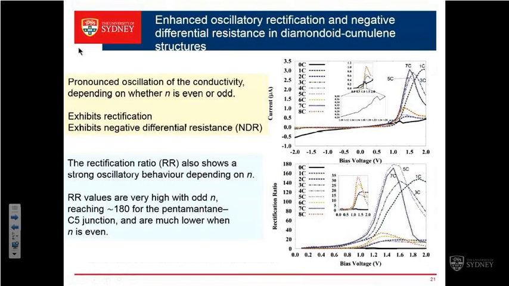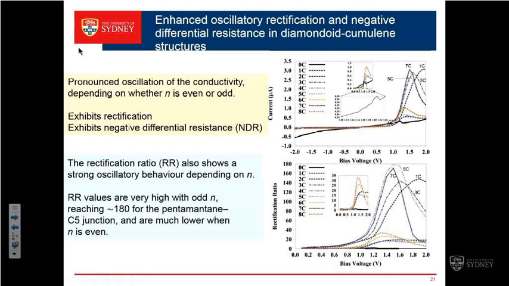But what was found in this case is oscillatory behavior depending on the number of cumulene atoms, for example, and rectification. So it functions like a rectifier. In the negative bias direction, you are not getting any current through. In the positive direction, you are getting current through.